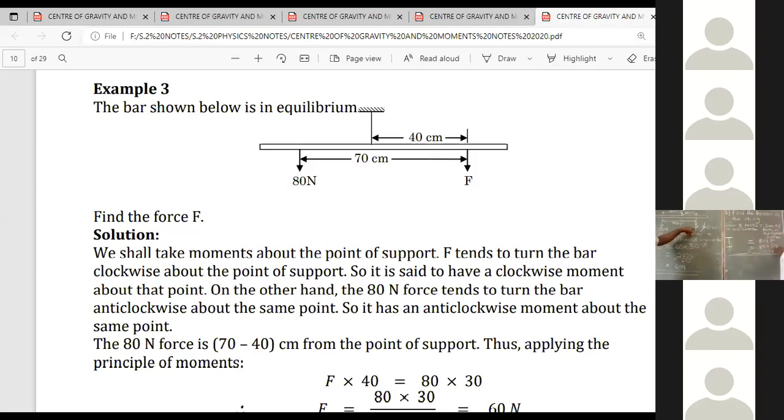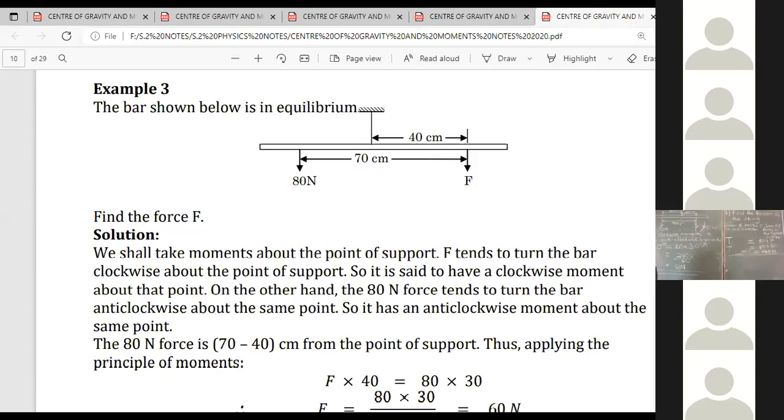So T is in one direction, and the other forces in the opposite direction are 80 and F. So the working is T is equal to 80 plus F, and our F is what we got as 60 in the previous working.